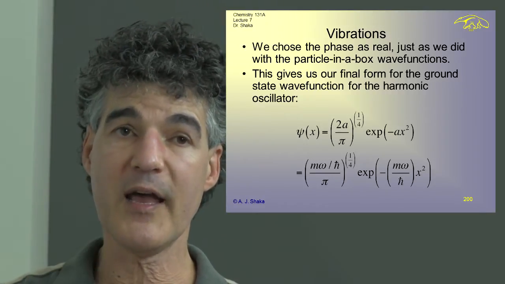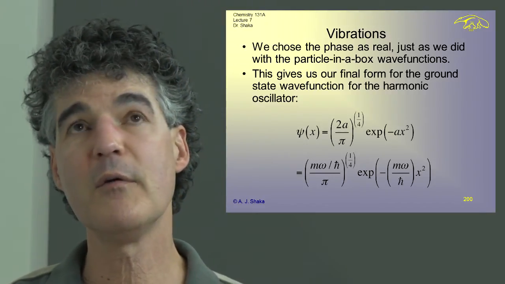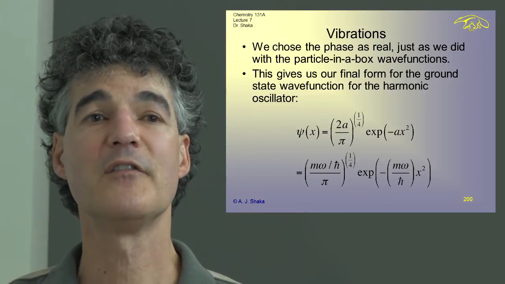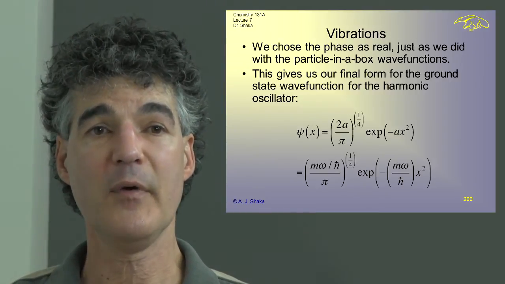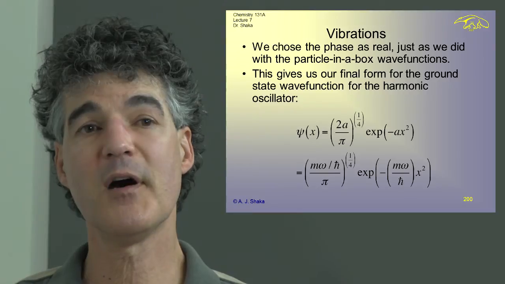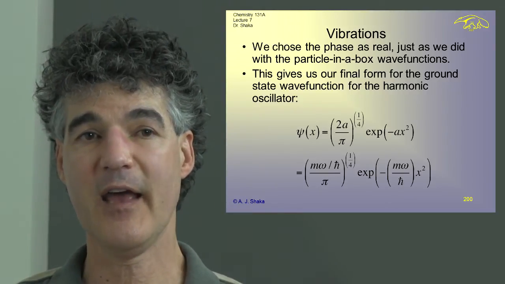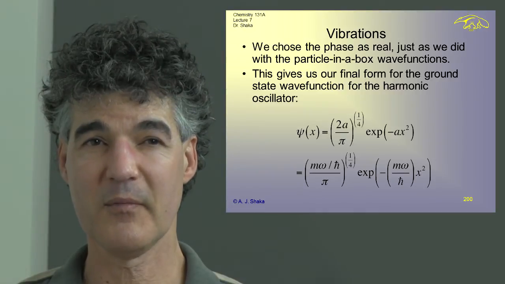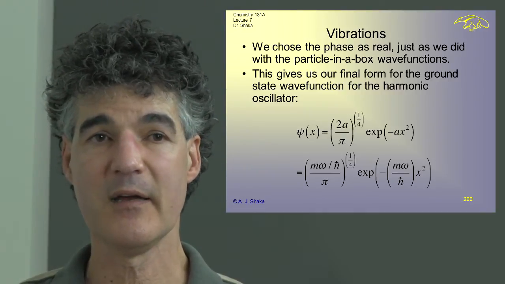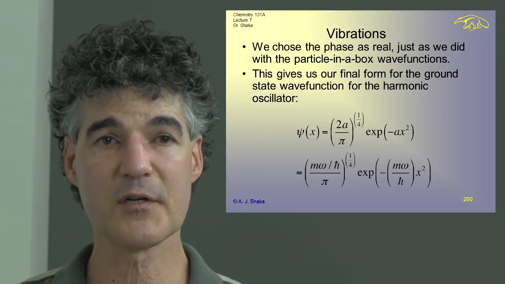But now what we would have to do is try to guess some higher thing. It's not like the particle in a box where we had n pi. We don't have any n yet here in this problem. We just have this one wave function and this one solution.